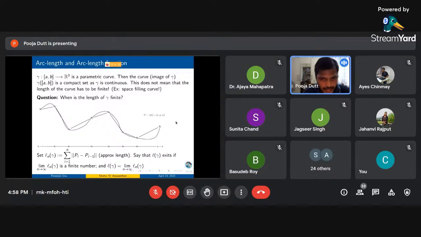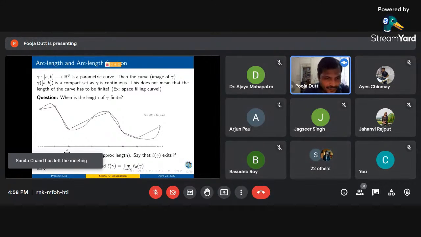Take the sum of the lengths of the straight lines, which will roughly approximate the length of the curve. So if ln denotes this sum, where n many points are there, the sum of the lengths of the straight line segments, the nth approximation to the length, then ln forms a sequence of real numbers.